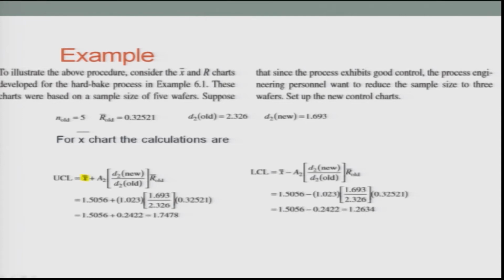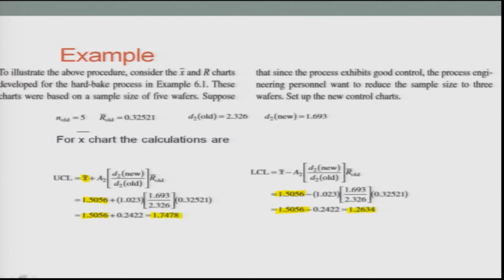This value remains as 1.5056, as I am highlighting, but when I come to the calculation of the ratios of the plus and minus limit, they would be a ratio of new to old, which comes out to be less than 1, because it is 1.69 divided by 2.36. So, the values which you calculate accordingly are now 1.74 and 1.26.